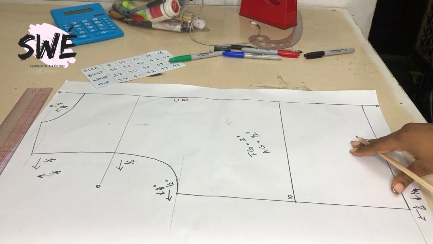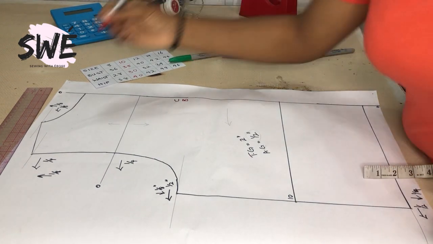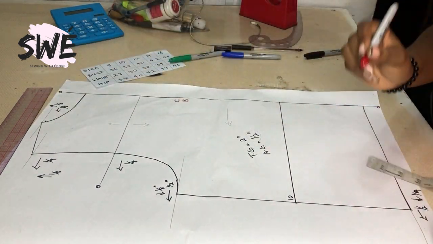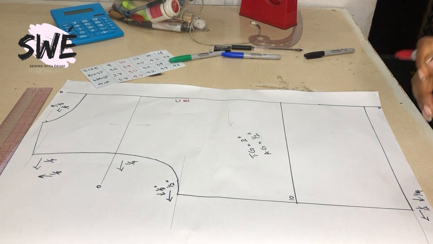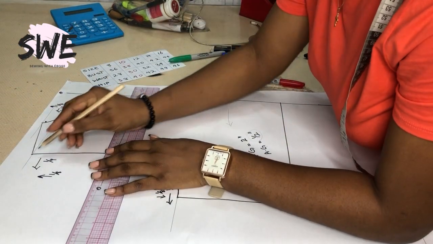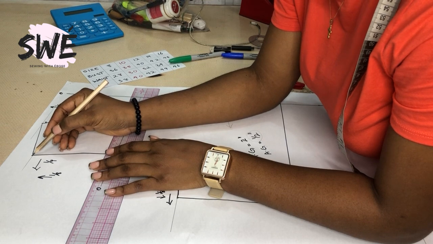I don't know if that is clear on the camera. Let me use red. You dot it right there. So the next place is the end of shoulder.